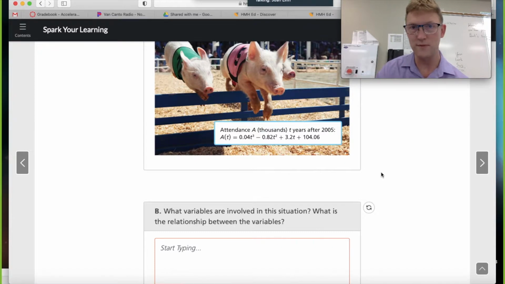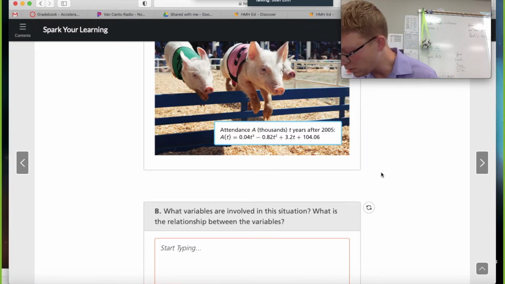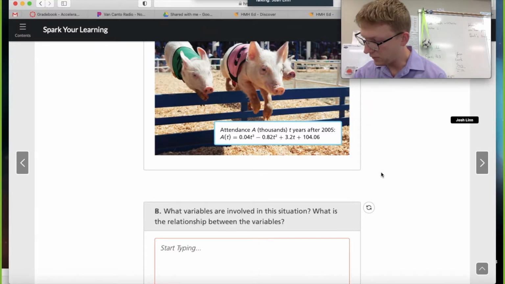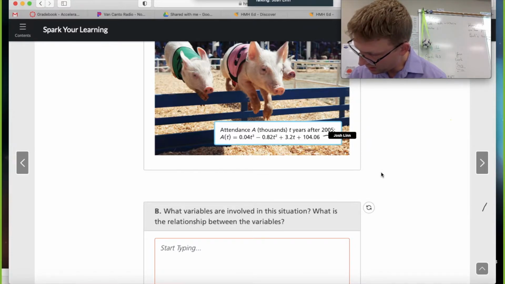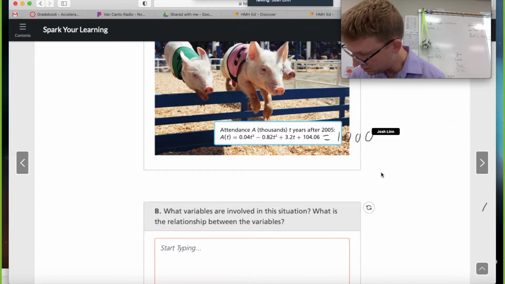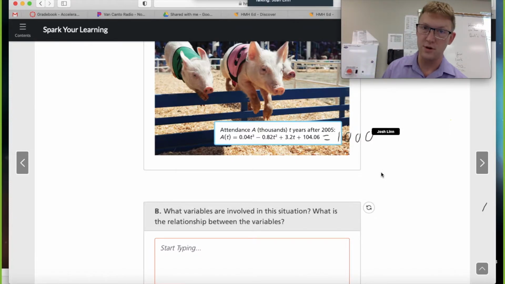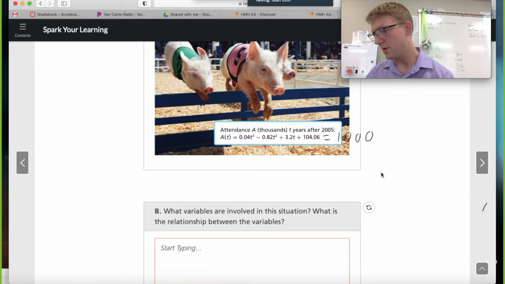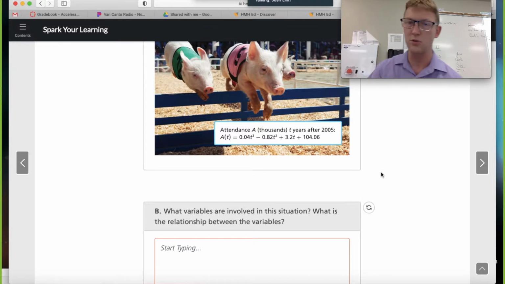That's very simply, if you take this function and set it equal to 100,000 and then solve, that's how you would do it. That process is a little bit harder than it sounds, but that's ultimately what we're going to do: solve these functions. So let's go.